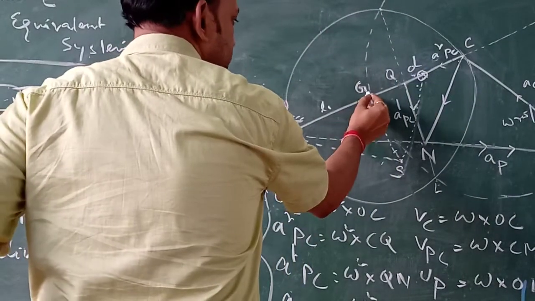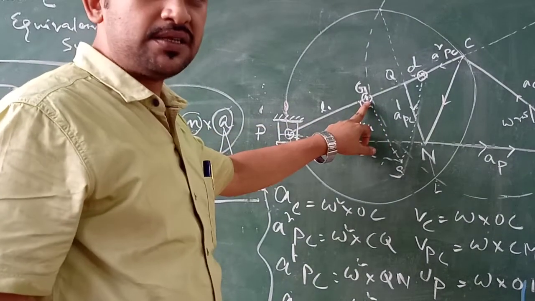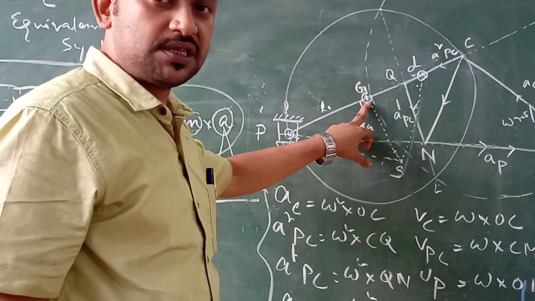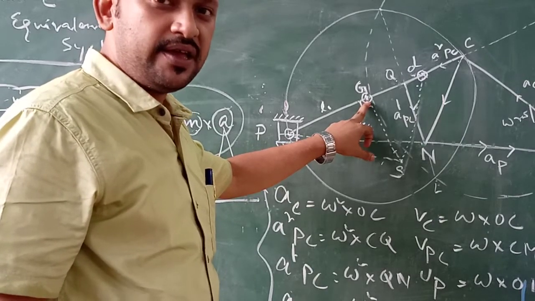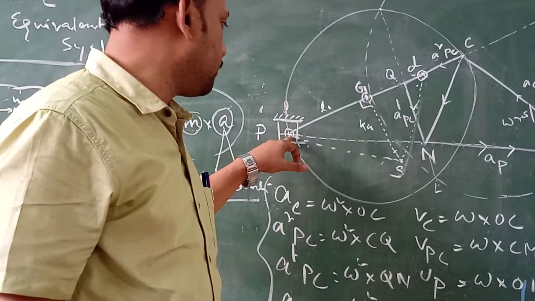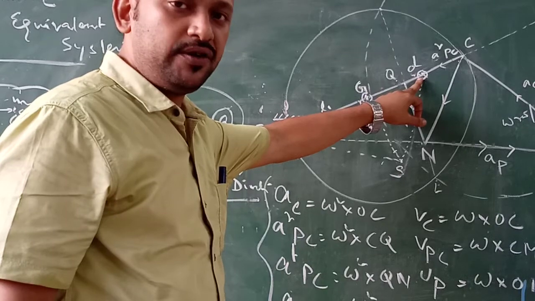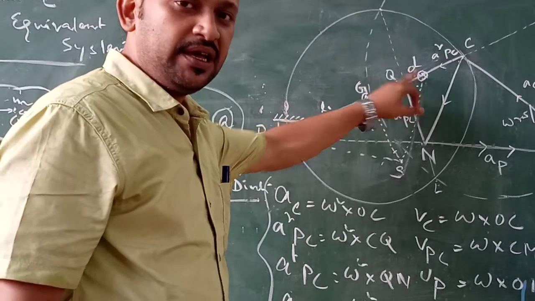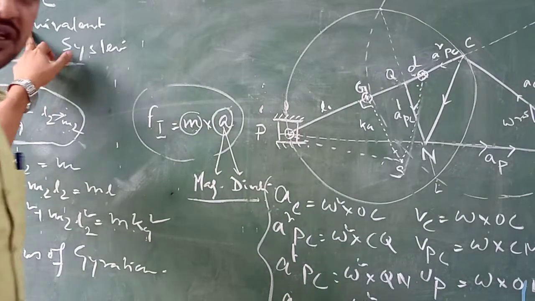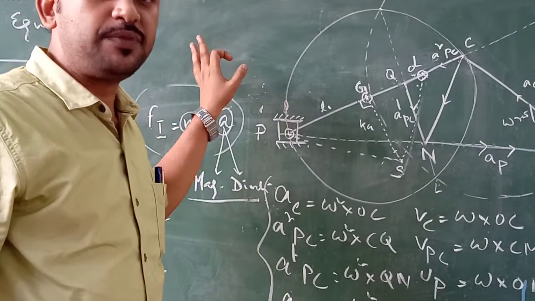So you can see that the total mass of the connecting rod, which was concentrated at the point G, has been distributed into two positions, one at the point P, another at the point D, in such a way that all the dynamic equivalent conditions are actually being fulfilled.